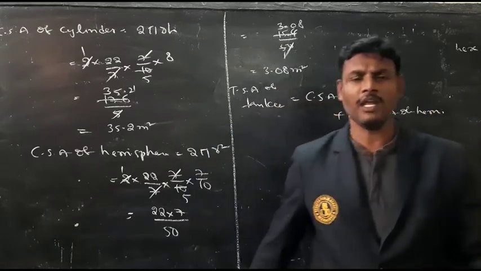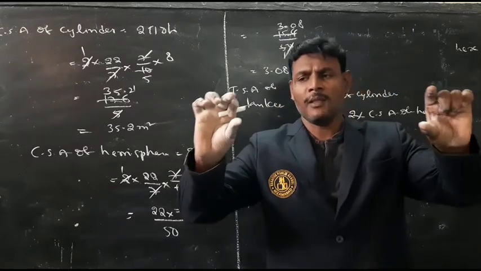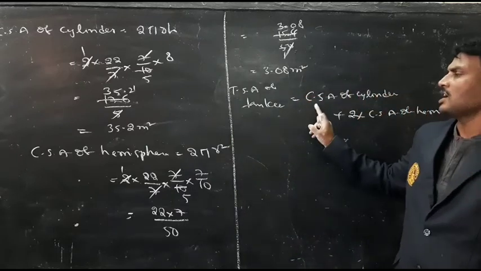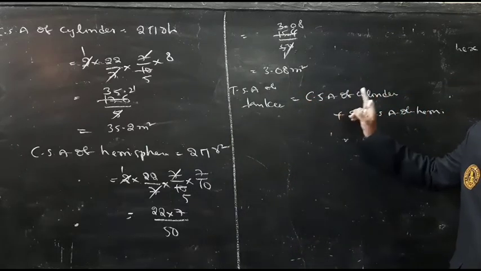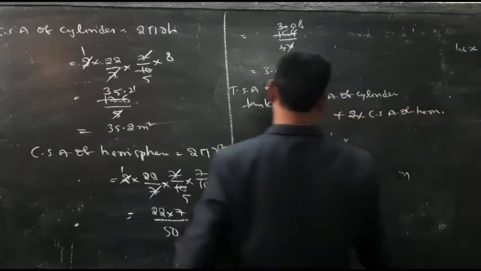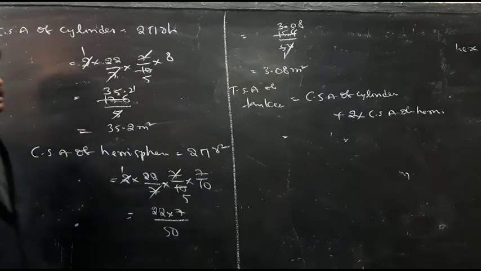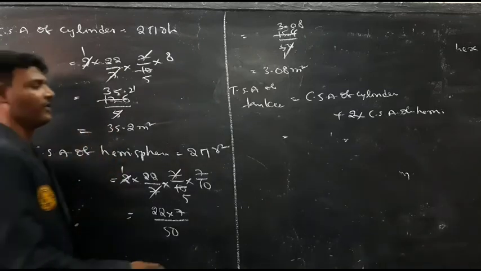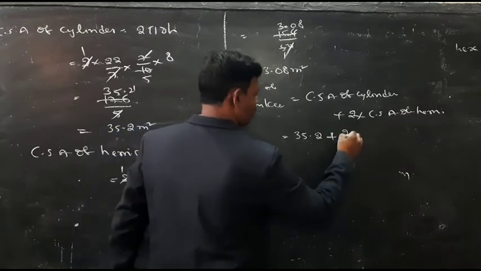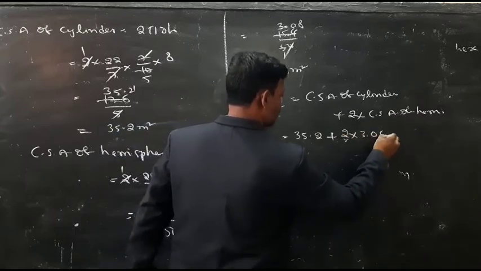Why am I taking 2 for the hemisphere? Two ends, so it has two hemispheres. Because of that, curved surface area of the cylinder plus 2 into curved surface area of the hemisphere. What is the curved surface area of the cylinder? 35.2 plus 2 into 3.08.